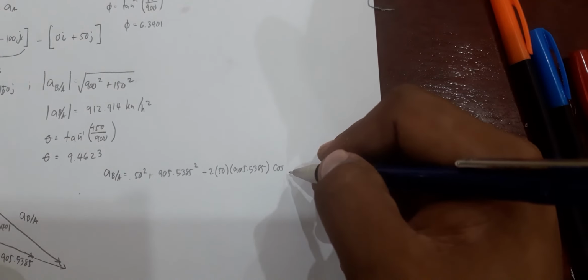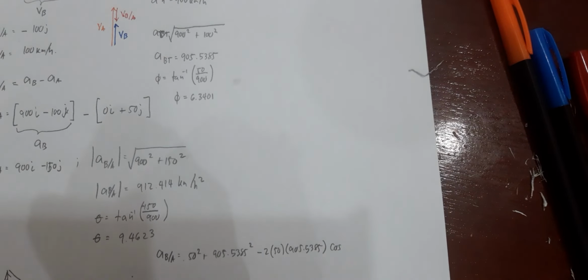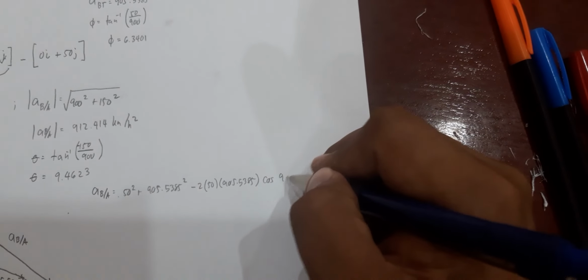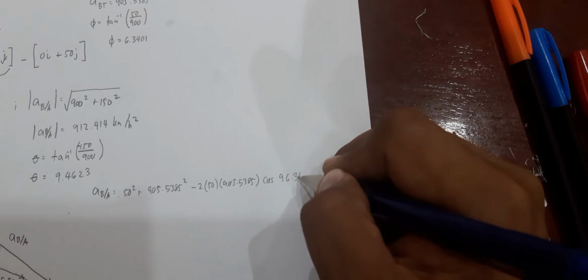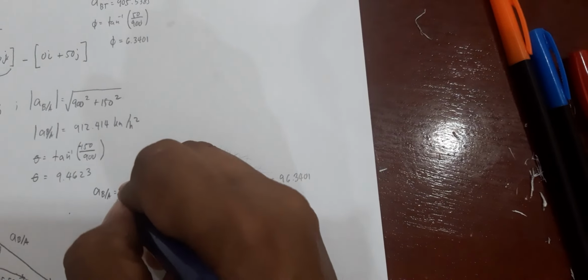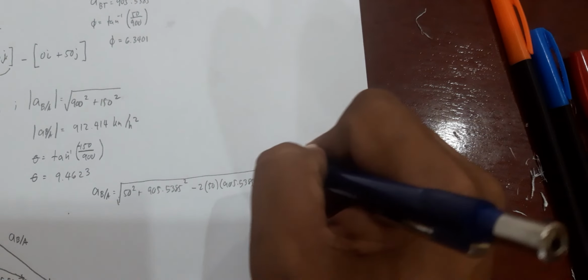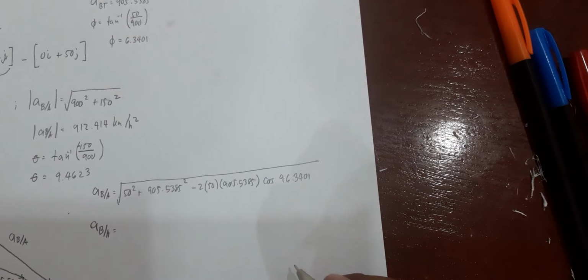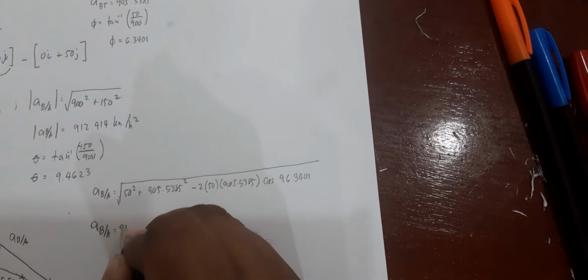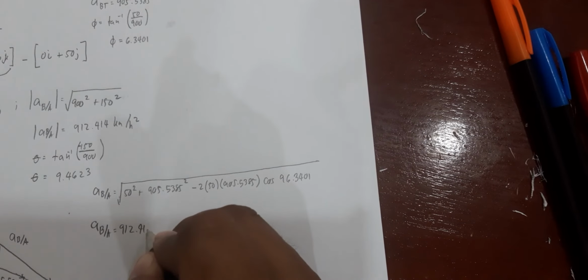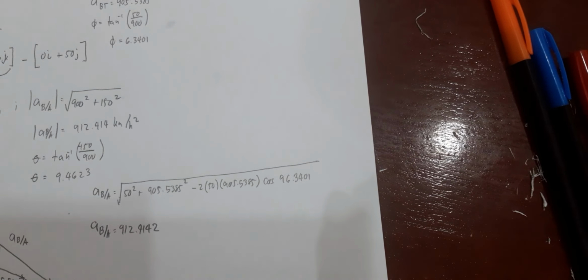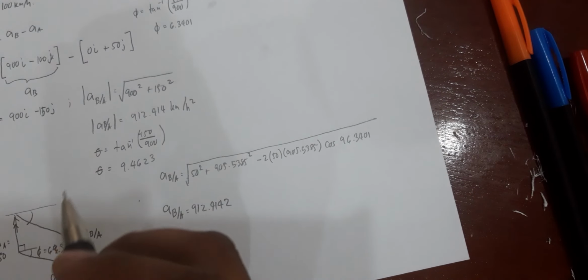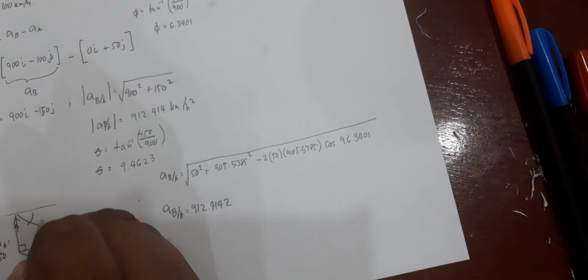That is 90 degrees plus 6.3401, so 96.3401. Again, don't forget to extract the square root. So the acceleration of B relative to A now is equal to 912.4142. As for the direction with respect to the horizontal, let's denote that as beta.